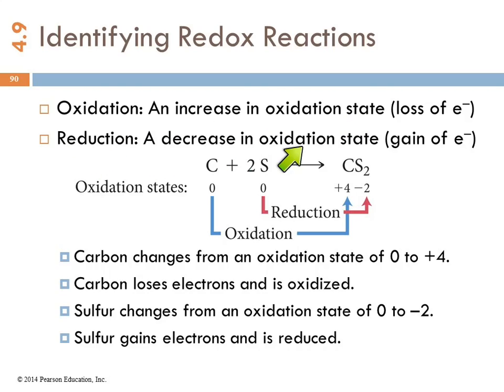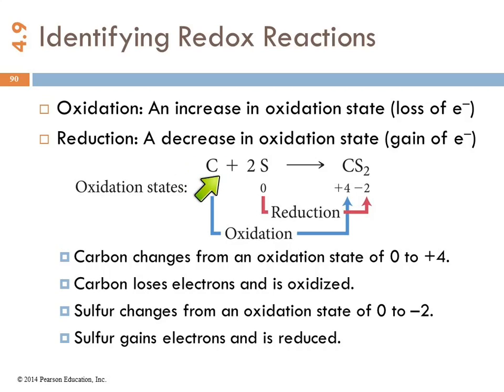Reduction is a decrease in the oxidation state. So if we look at the reaction between carbon and sulfur to form carbon disulfide, without oxidation states, it's really hard to tell what's going on there because we have two nonmetals. How do we say which one's positive, which one's negative, and how much? We can't. But the oxidation numbers help us out.